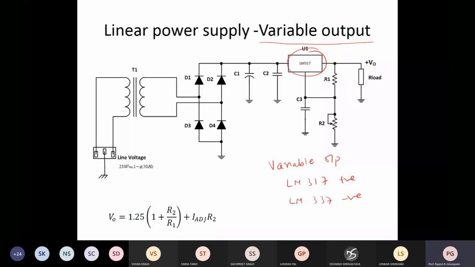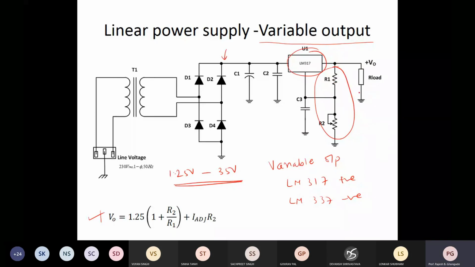So now with the help of this, you can vary the output voltage right from 1.25 volts to a higher value, generally restricted to about 35 volts, depending on the combination that you use over here and the input voltage. The output voltage equation is given like this. Depending on the value of R2 and R1, you can change the output voltage.